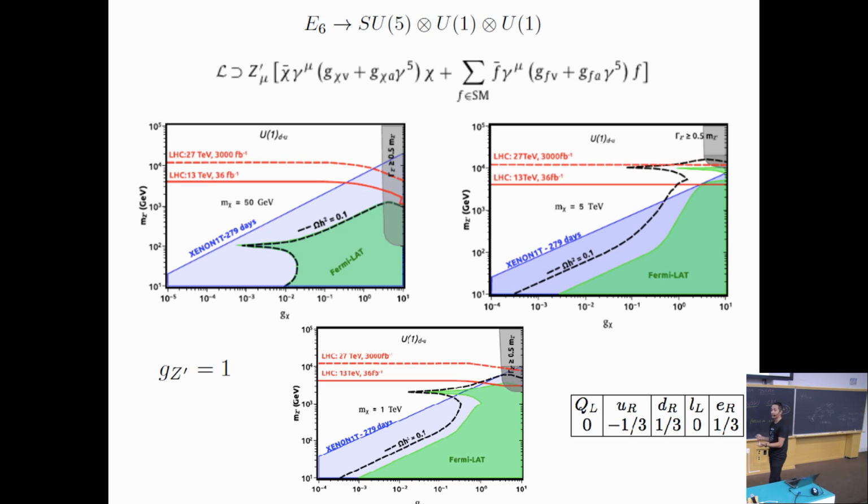So when the gauge coupling is so large, the Z prime will decay so much into leptons. So these kinds of constraints are stronger almost all the time. More or less here it starts to compete with the Xenon results. But yeah, just taking into account that this scenario is for this gauge coupling.